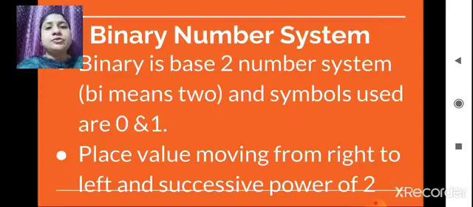Bi means 2, and the symbols used for the binary system are 0 and 1. The place value moves from right to left in successive powers of 2. Successive power of 2 means raised to power 2.